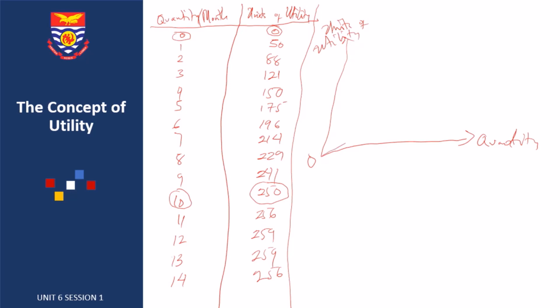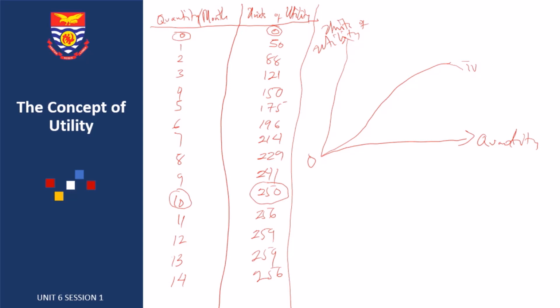Our curve is going to be something like this, TU. We can clearly see that the more movies she watches in a month, the more utility she gets.